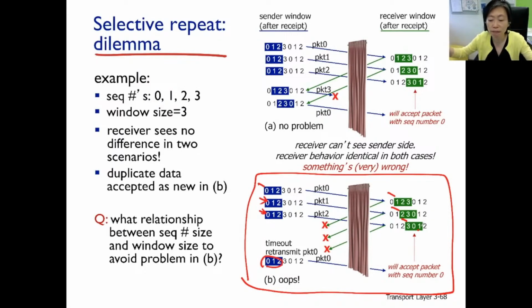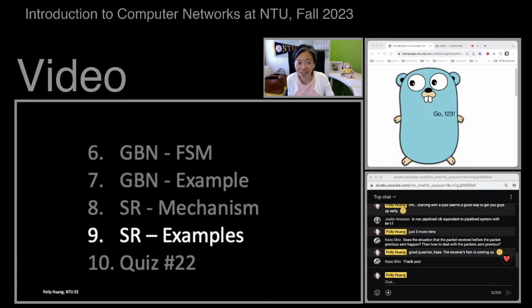So you will never have the trouble of confusing an old packet from a new packet. And that is why the sequence number space here needs to be larger or equal to 2 times the window size. Okay, there you go. The sequence number needs to be 2 times larger than the window size.